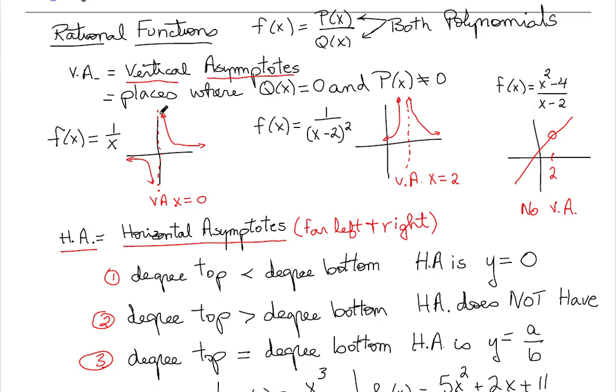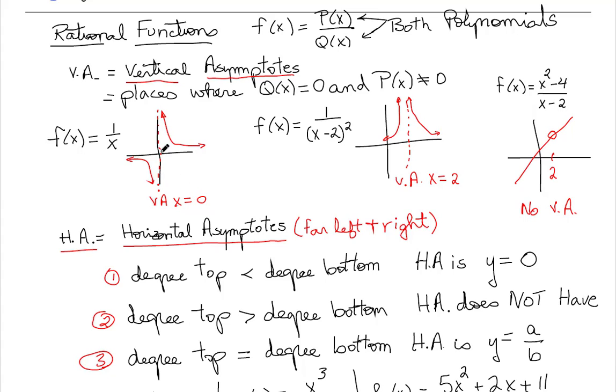Now, you see these dotted lines I have on these first two. They are labeled VA, vertical asymptotes. They are places where the denominator is 0 and the top is not 0.